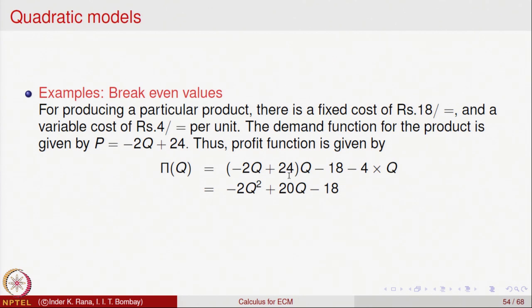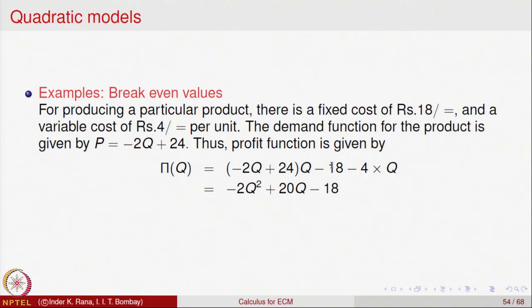So, this is the price you are demanding, this is the Q units sold, that is the income. And what is the amount spent? 18 rupees are spent anyway, that is the fixed cost, plus the variable cost of 4 rupees per unit. So, 4Q is the variable cost.